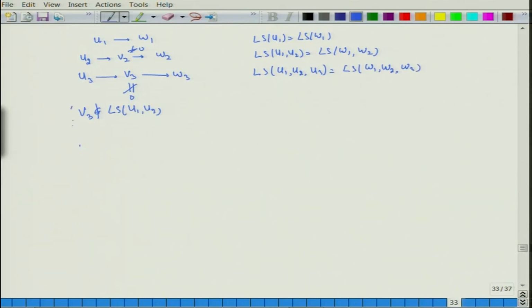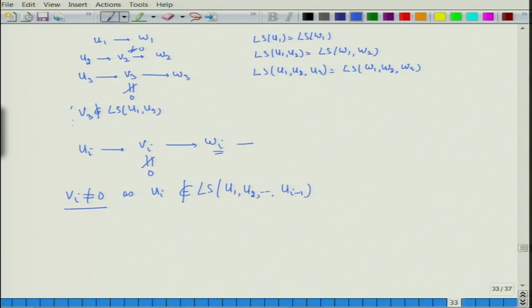If I look at ui, then ui will give rise to vi. Now, why is vi not 0? vi is not 0 as ui does not belong to the linear span of u1, u2 till ui minus 1. All right. So this is not 0, so I can go from here to wi, and what is wi?